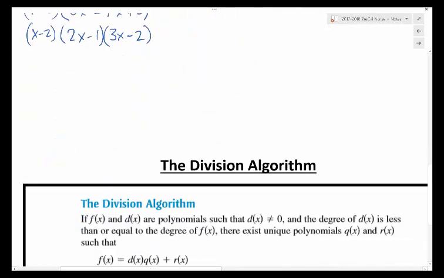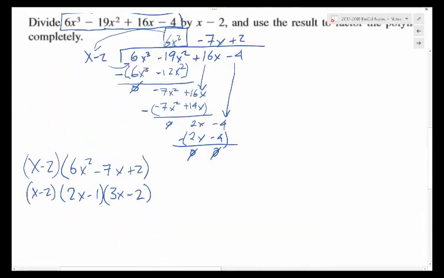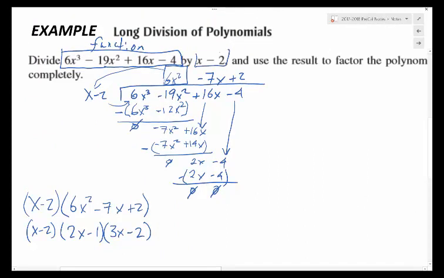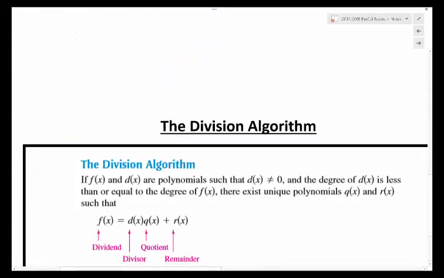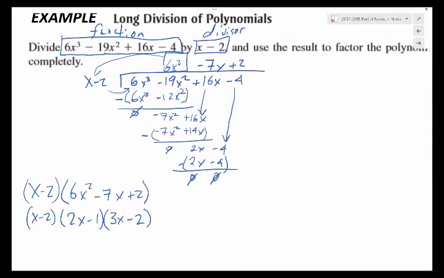By our definitions, this was the divisor, and what was on top was the quotient. And this was the remainder.